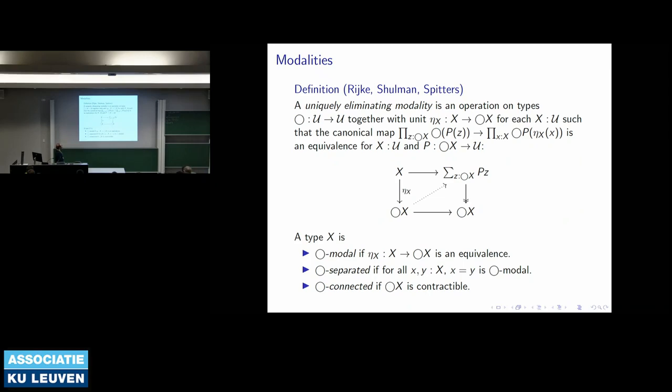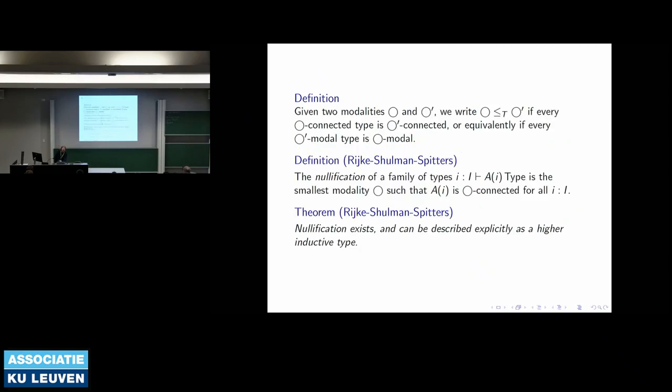A type is modal if the unit is an equivalence, a type is separated if every identity type is modal, and a type is connected if applying the modality makes it contractible. So connectedness is an orthogonal property to being modal, if you know what orthogonal means.